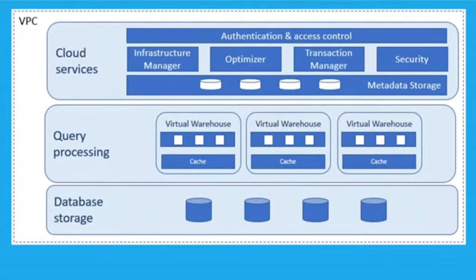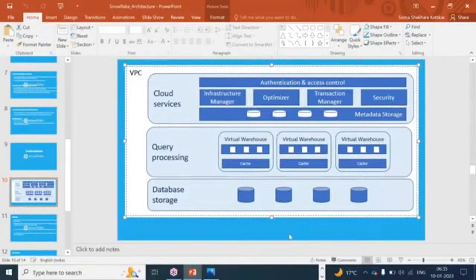I will show you how to create virtual warehouses and how they look. You need to create a virtual warehouse. This is also one of the objects, like how you create a table. So a virtual warehouse is also one of the objects in your Snowflake that you are going to create.